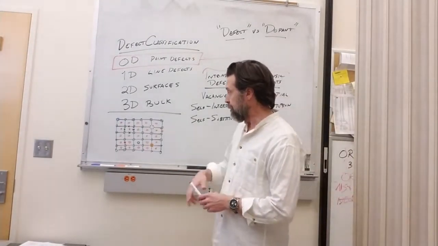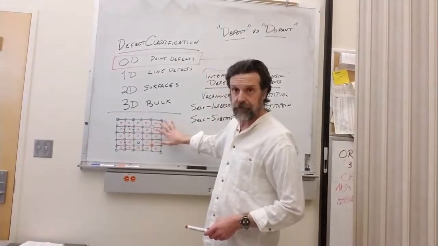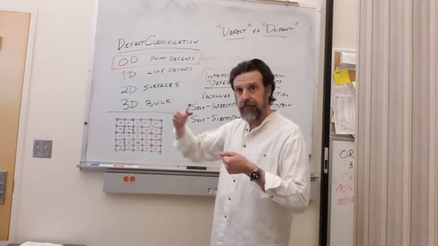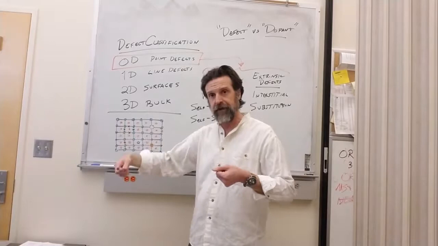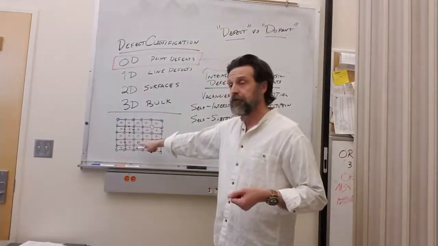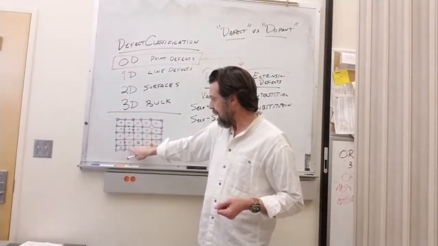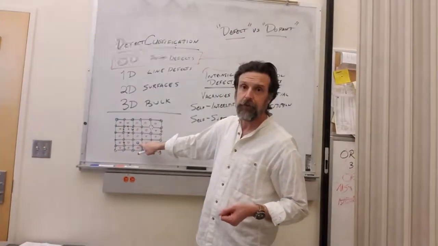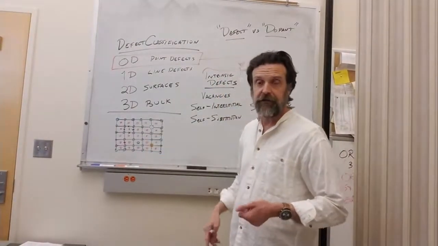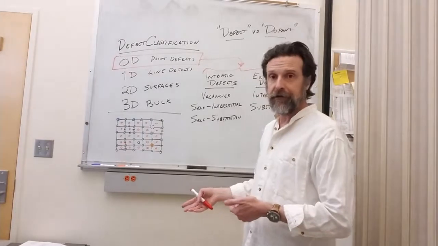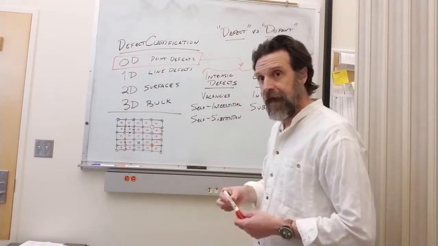So whereas before I had this nice crystal with blue atoms bonded to red atoms, bonded to blue, bonded to red, now what we've created is a red atom bonded to a blue, which is then bonded to a blue atom. And that difference in the bonding requires some additional energy to be added to the system.